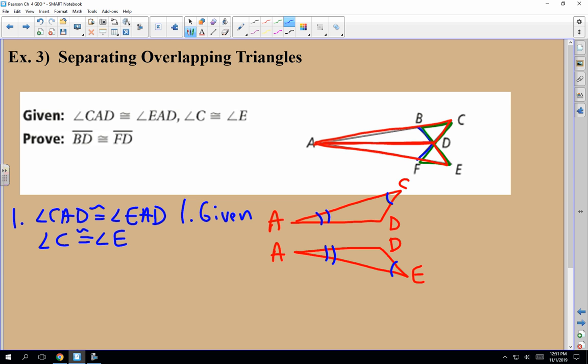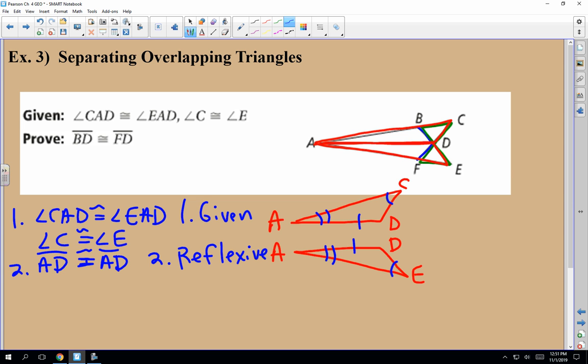And then these two triangles do share a side right here. So we can say AD is congruent to AD by reflexive property.